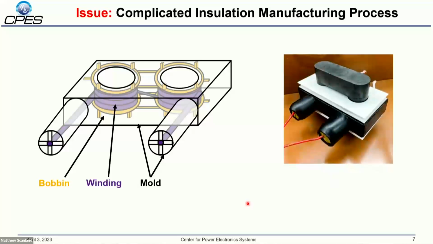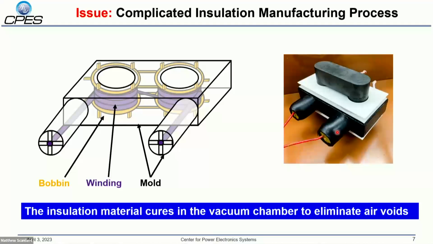Finally, we apply the shielding and stress grading layer to control the E field inside the primary side winding coil. The entire insulation system should be cured in a vacuum chamber to eliminate the air voids. This part is very complicated and it's hard to control the air voids, which directly leads to a lower partial discharge level.